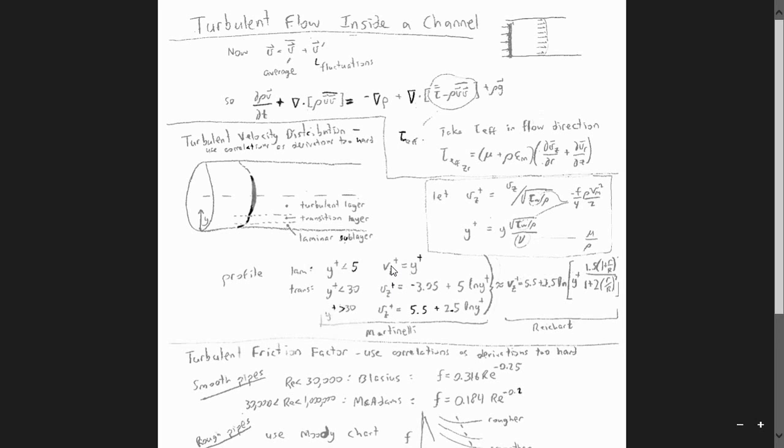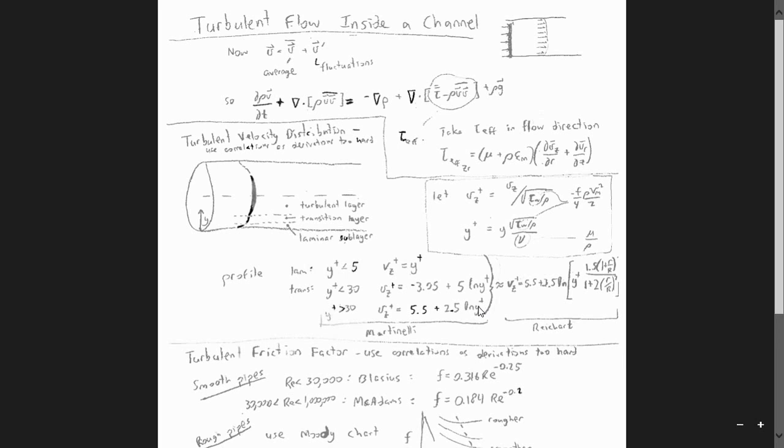In the laminar layer, we'll say that Vz plus equals y plus. Very simple calculation. In the transition layer, our adjusted velocity is minus 3.05 plus 5 times the natural log of y plus. And then out in the turbulent core in the center of the flow, our adjusted velocity equals 5.5 plus 2.5 times the natural log of y plus.